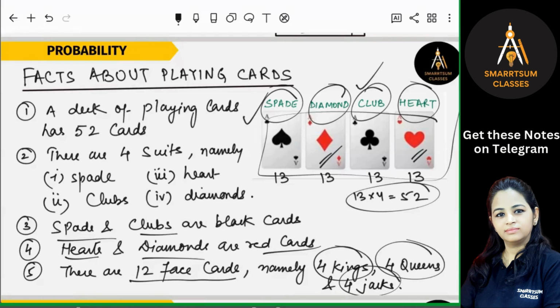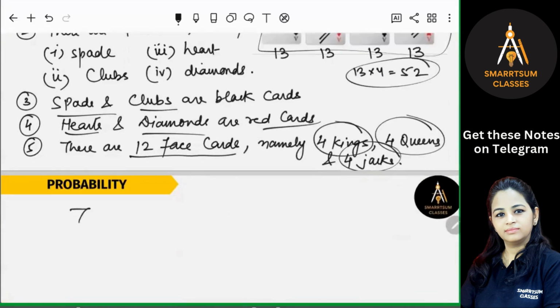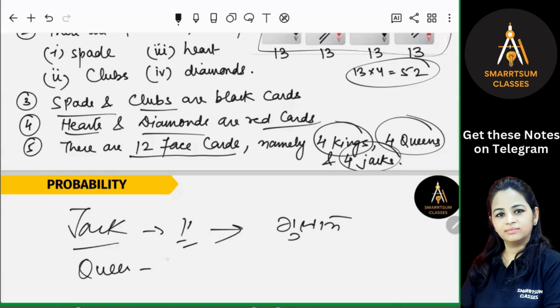After that, for 11, you have the jack. The jack has the number 11, and in Hindi you call it gulam. Then the queen, that is begum, and the number for the queen is 12.